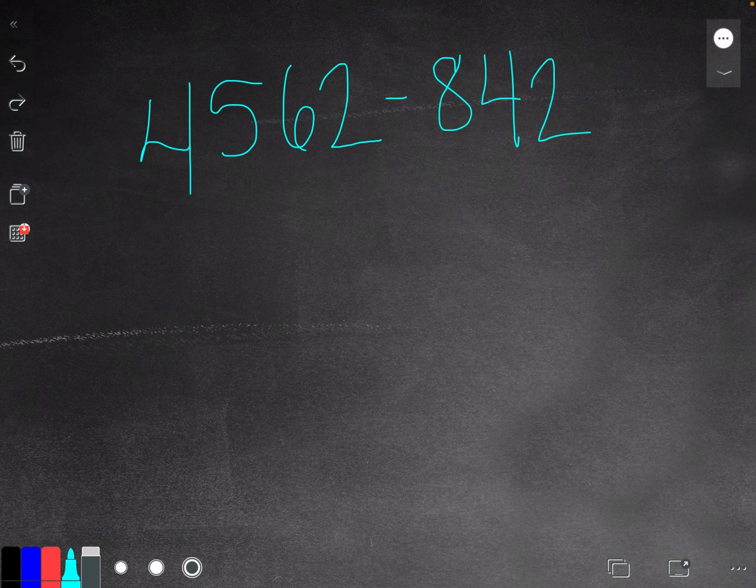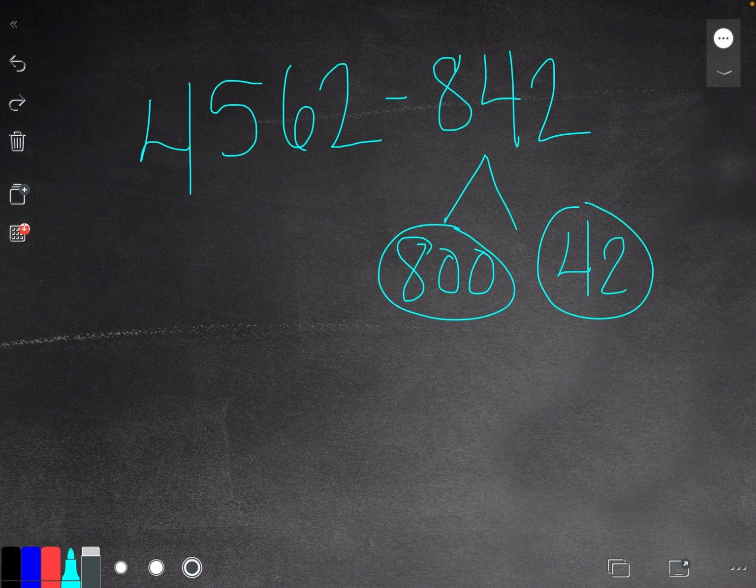And in this instance, we can go ahead and subtract a portion of 842 quickly. So we could turn that into 800 as a number bond, and we can turn that into 42 as well. I know that 800 plus 42 is the same as 842, so I could subtract them in pieces.